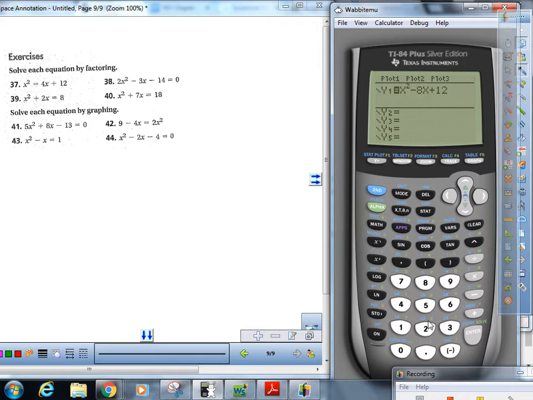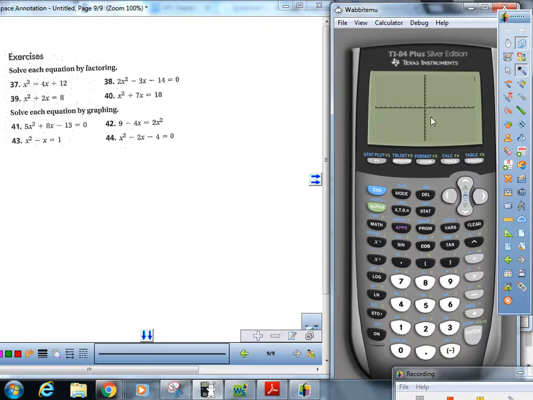Where does y equals 2x squared minus 3x minus 14, where does that thing equal 0? Well, a graph might help. It equals 0 here and here.